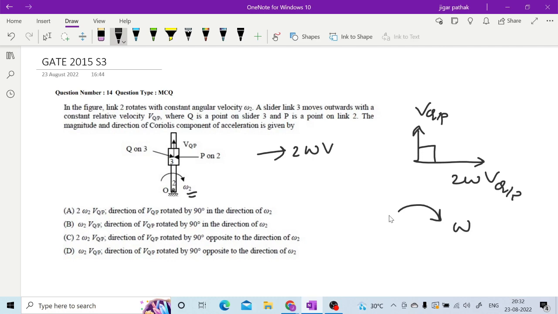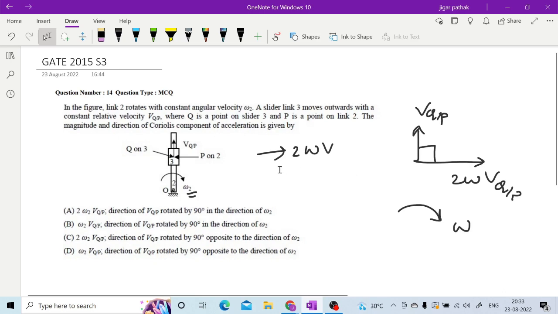Even then, how can it be opposite to the direction of omega 2? Because omega cross v is from omega to VPQ direction, but here it says to rotate VQP in the direction of omega, so it will be opposite, no?